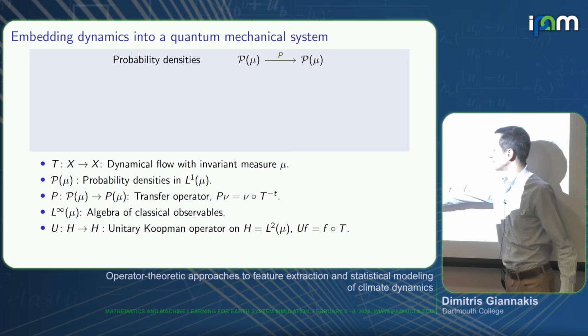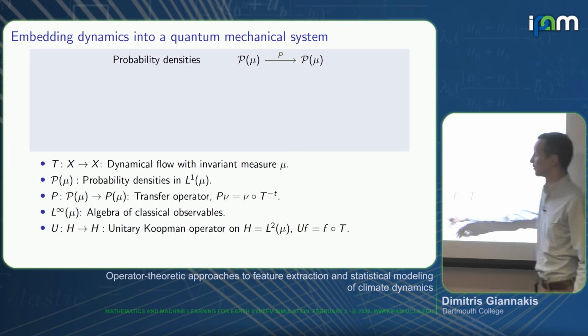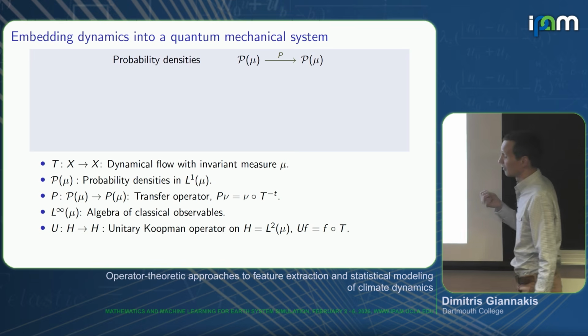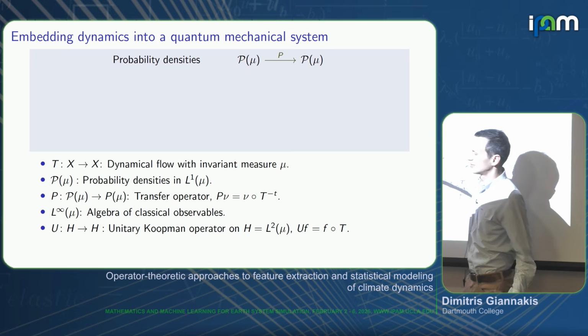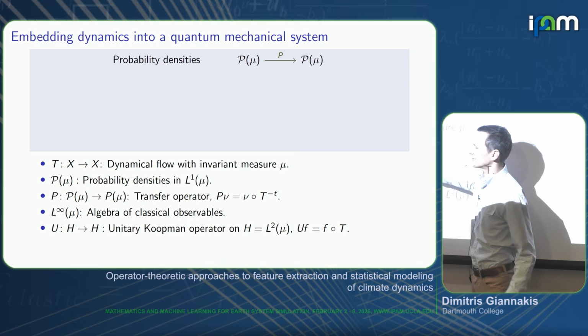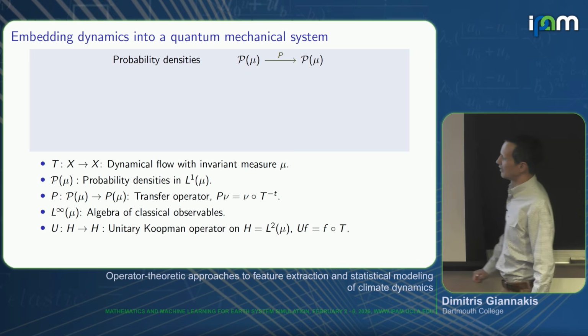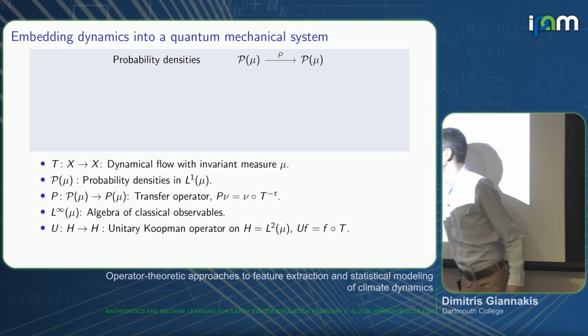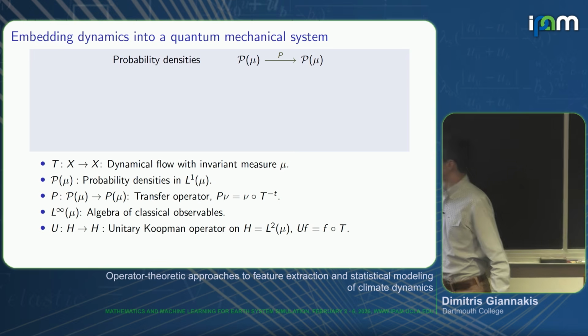So the natural space to work from a numerical standpoint here is the Hilbert space L2 of square integrable functions, unlike the space of probability densities, which naturally live in L1, integrable as opposed to square integrable. And in fact, the Koopman operator acts as a unitary operator under appropriate assumptions on this space.